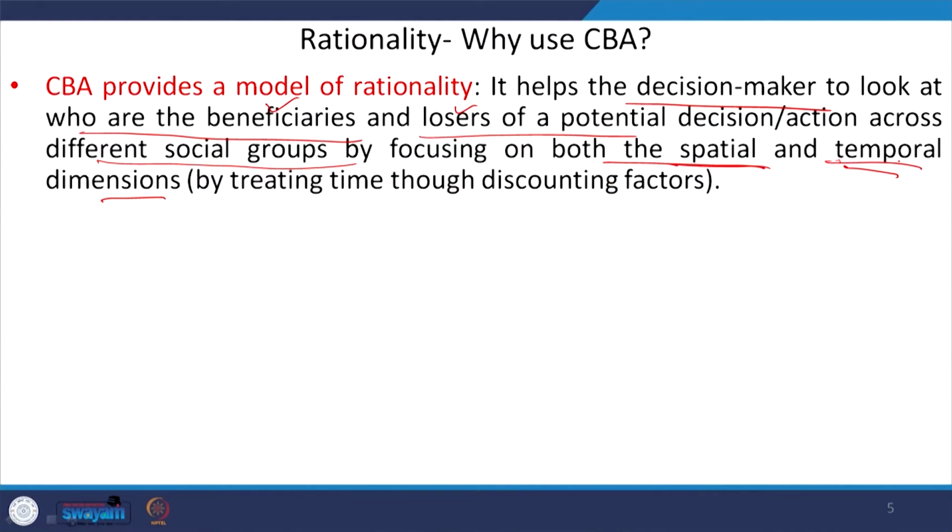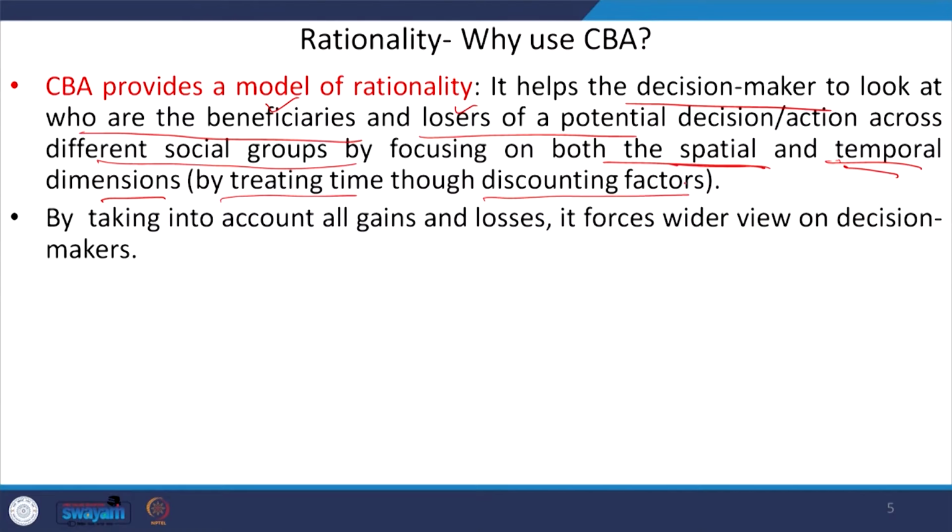When we say it takes the time dimension into account, the time is treated by estimating the likely benefits or costs in the future using a concept known as discounting factors. So, we take the discounting factors into account for monetizing the benefits and costs that will accrue in future times.